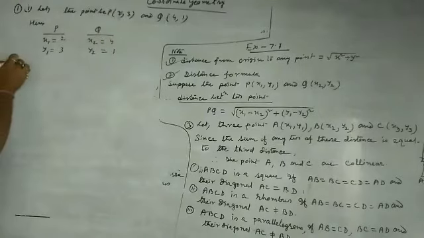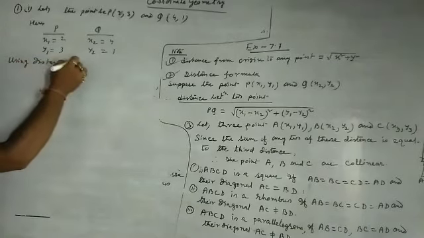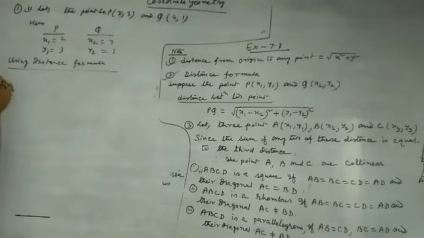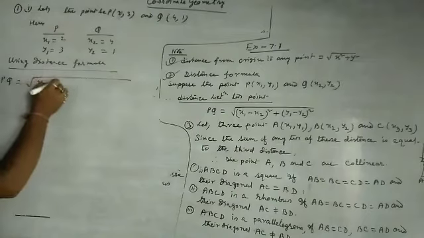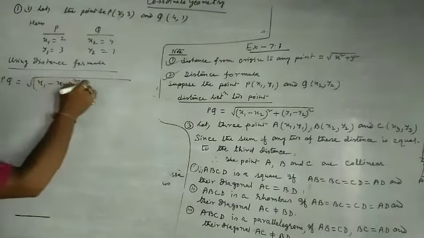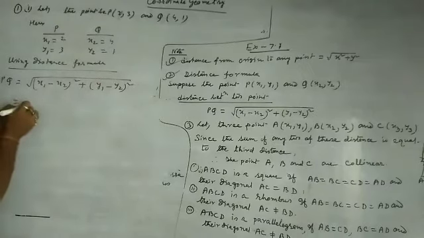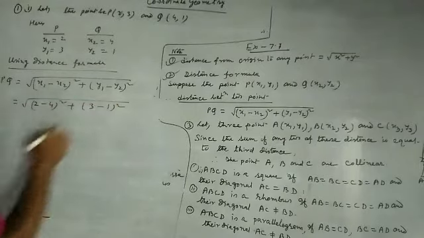Using the distance formula, PQ is equal to root of (x1 minus x2) whole square plus (y1 minus y2) whole square: 2 minus 4, 3 minus 1.